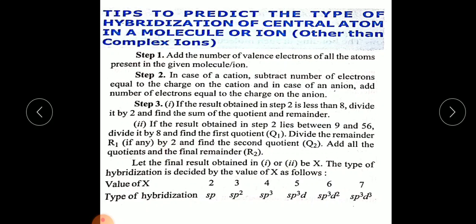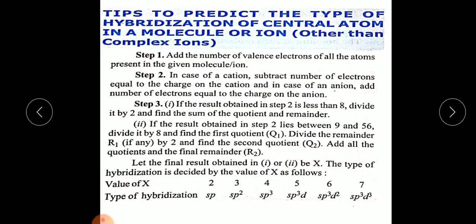If the remainder is not 0, you divide it by 2 and find the second quotient, and add all the quotients and the final remainder. It will be understood when you solve the problem.